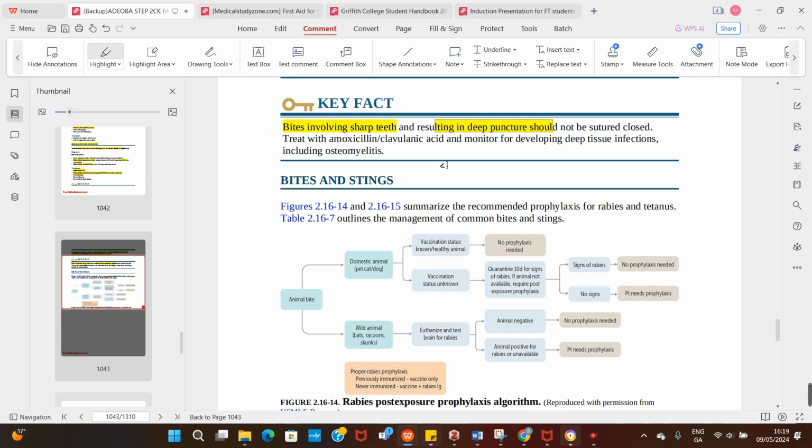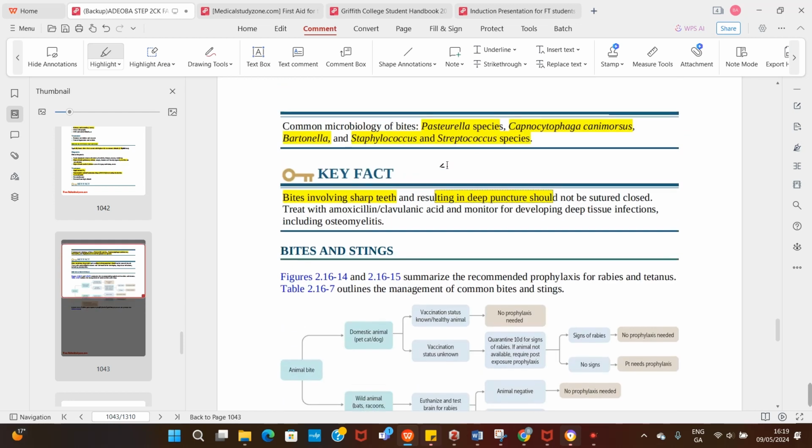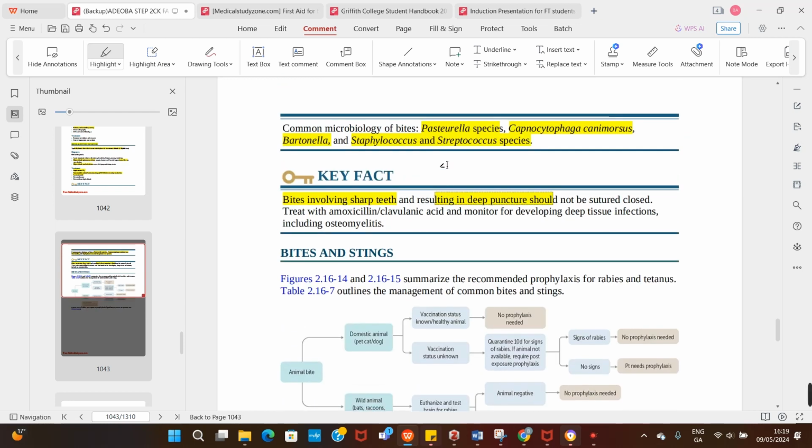You just leave them to heal by normal secondary intention and granulation until they heal up over time. If you want to give antibiotics for any of these wounds, you have to give amoxicillin.